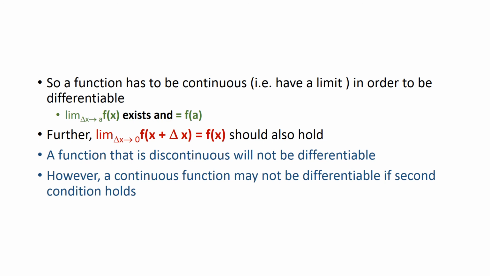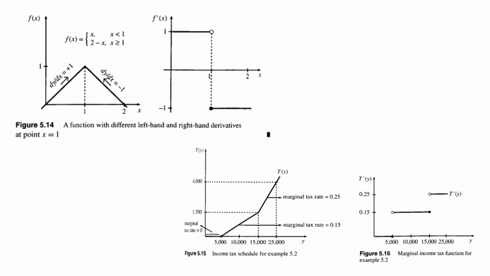If it is discontinuous, we stop at that point. It cannot be differentiable. But if it is continuous, we have to see whether the second condition is satisfied. Unless the second condition is satisfied, a continuous function will not be differentiable. So these are cases where we have continuous functions, but the second condition, f(x plus del x) equal to f(x), is not satisfied.